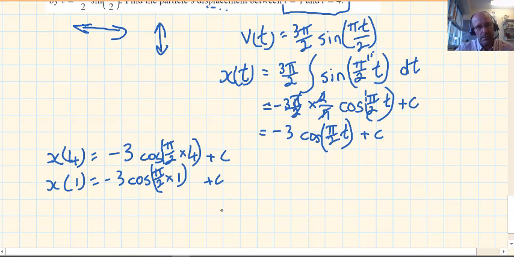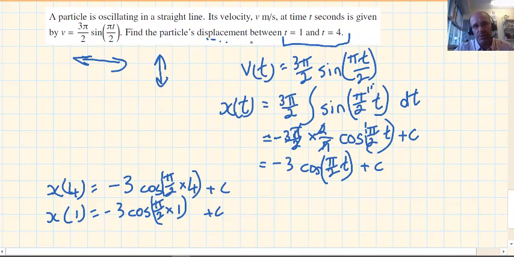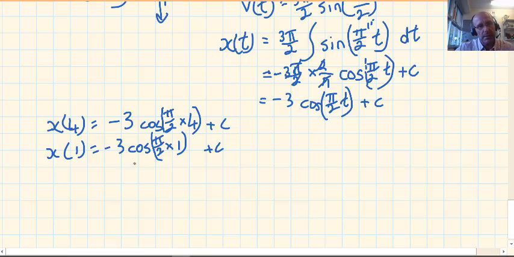The assumed constant is the same with both of them, you see, so we want to look at the displacement between there, so we're looking at the difference.